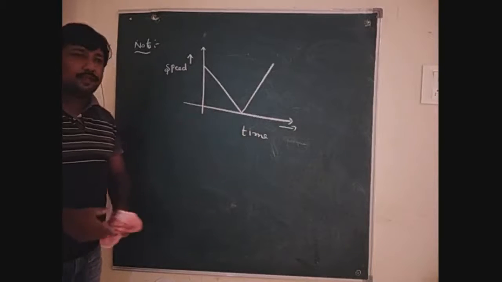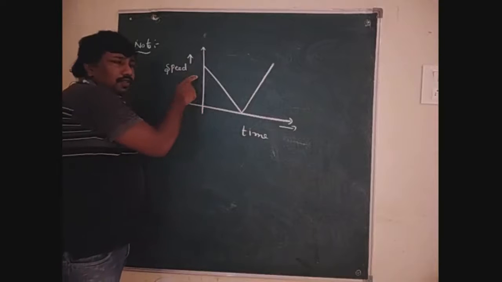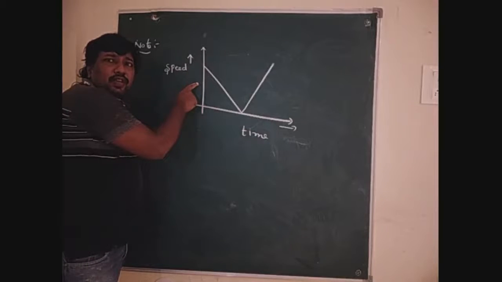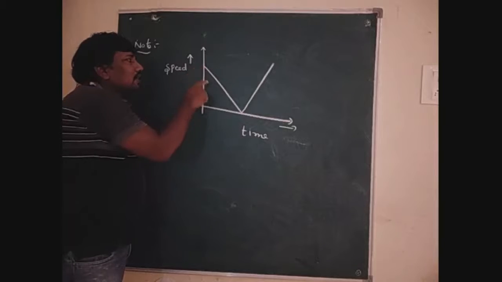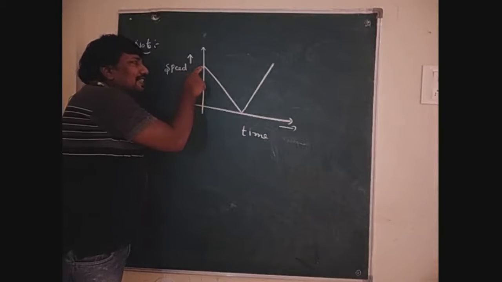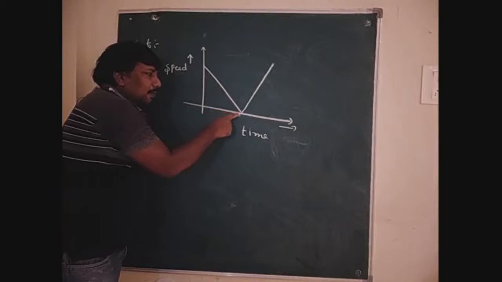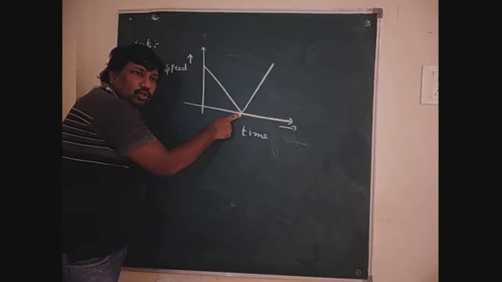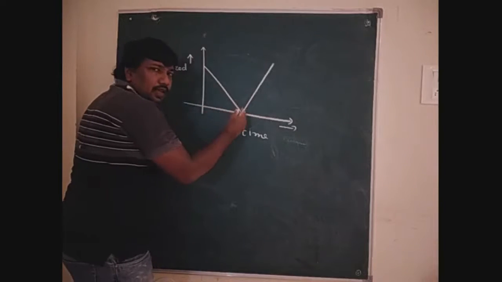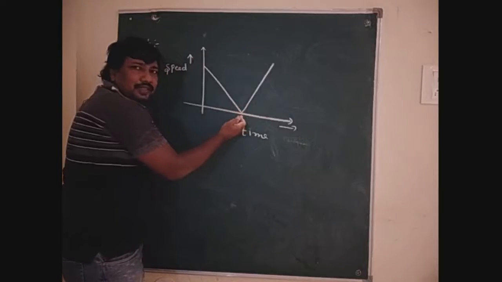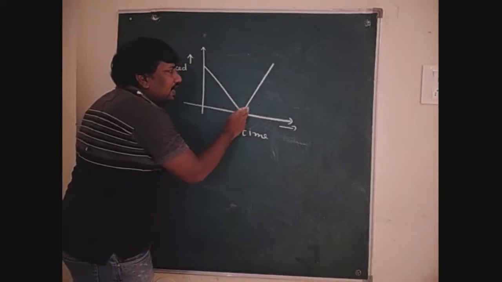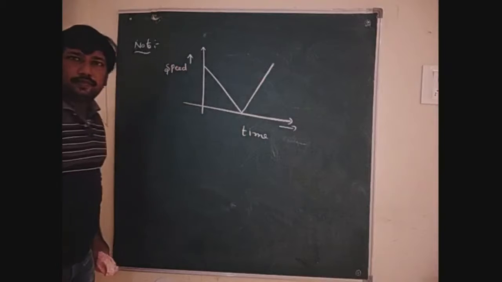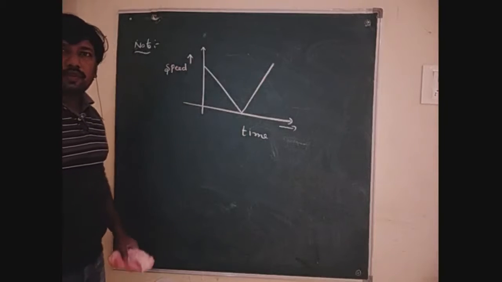In this case, this graph is represented by the vertically projected body case. The speed gradually decreases, and at maximum height its speed is 0. In the other case, its speed gradually increases. Okay. Thank you.